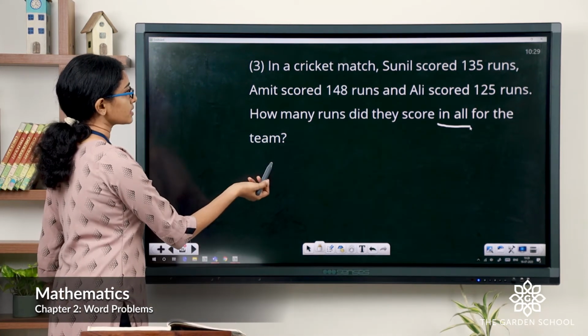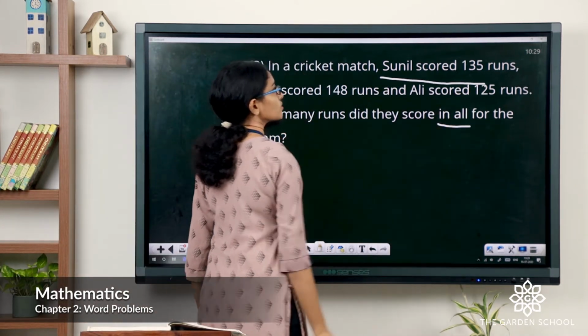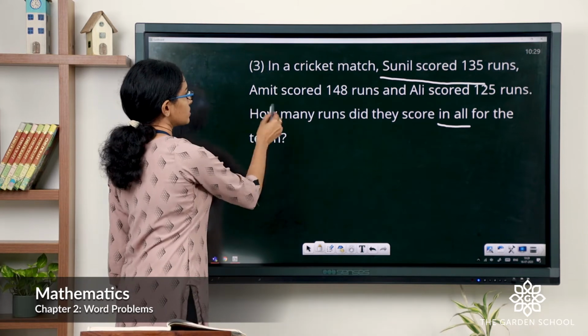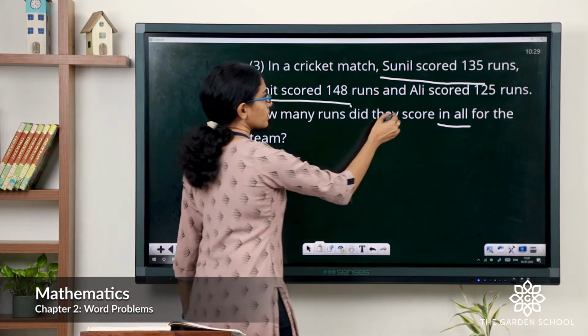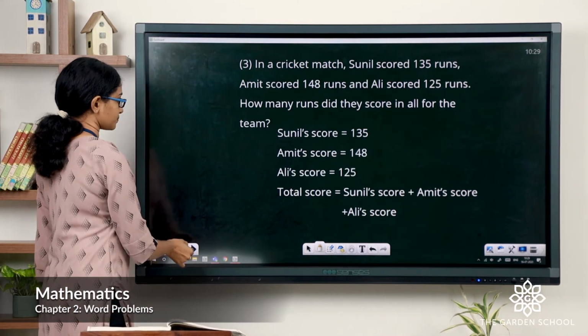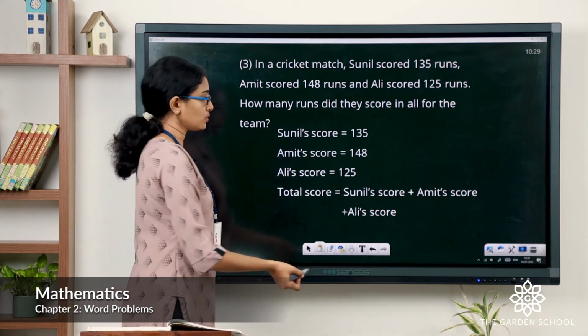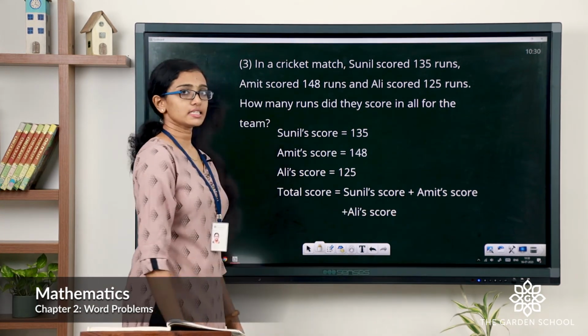So, you have to add all the data. So, from the question we know Sunil scored how much? 135 runs. Amit scored 148 and Ali scored 125. So, the total score equal to Sunil's score plus Amit's score plus Ali's score.